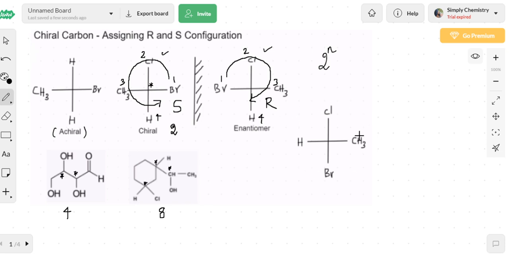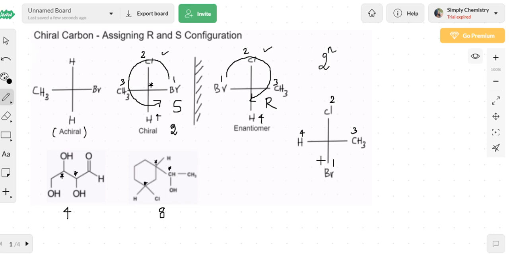So let us see an example where the least priority group is not at the bottom in the Fischer notation, or it is not away from us. So again, we have to go for numbering. So we have to number 1, 2, 3 and 4. Our objective is to bring the least priority group to the bottom.